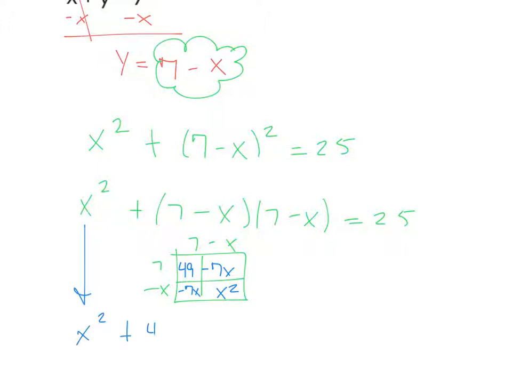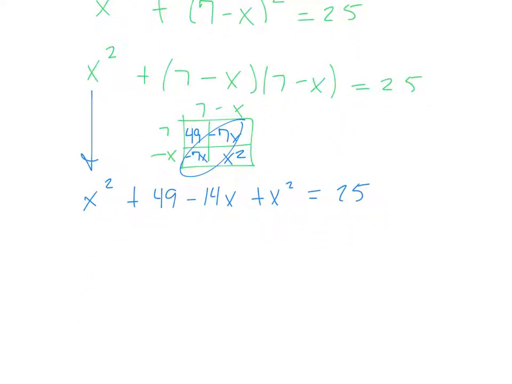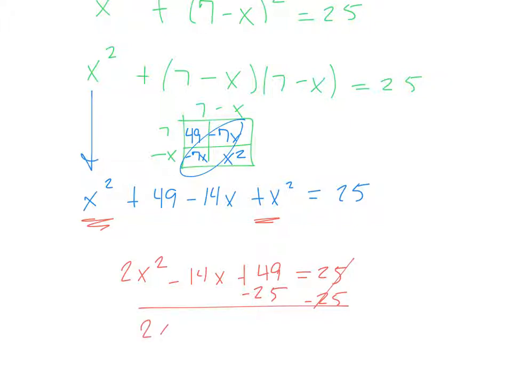I'll end up with a 49. These are like terms, so negative 14x plus x squared equals 25. I'm going to combine some like terms and also put this in standard form. So these are like, getting you 2x squared minus 14x plus 49 equals 25. I'm going to subtract the 25 because x squared likes to be positive and equal to 0.